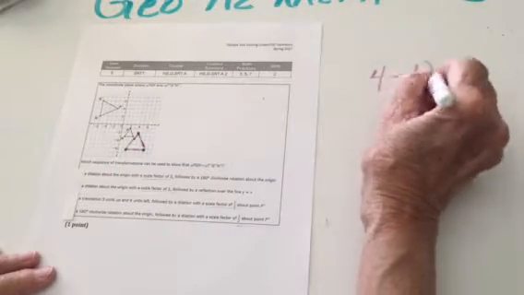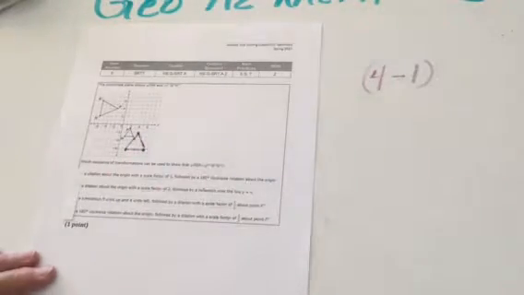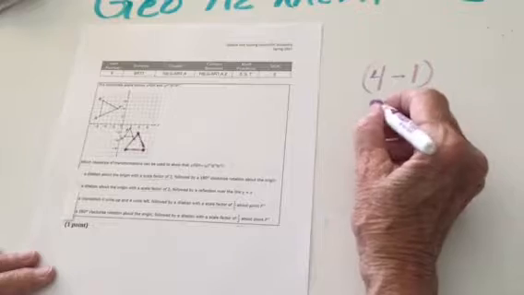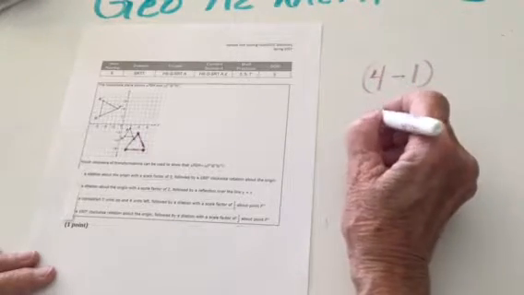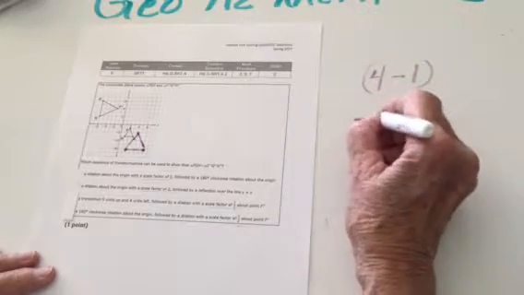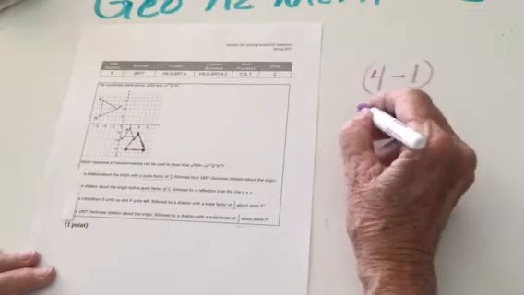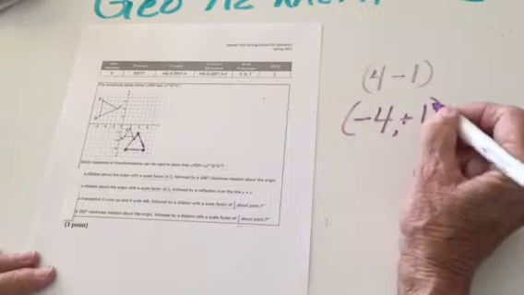If I have 4, -1, and I move that 180 degrees, then my new point will be, remember, both negatives. Now, you might have your reflection rules and your rotation rules. So both of the signs are going to change. -4, +1. That's going to be my new point.